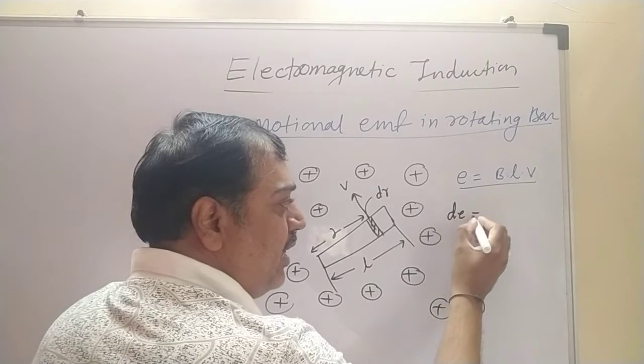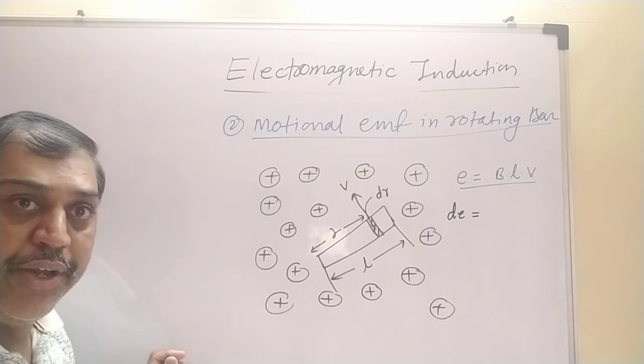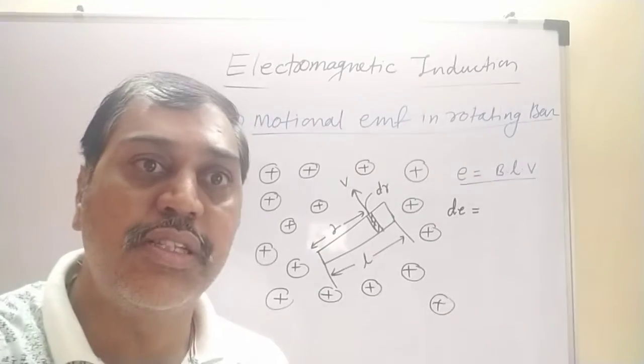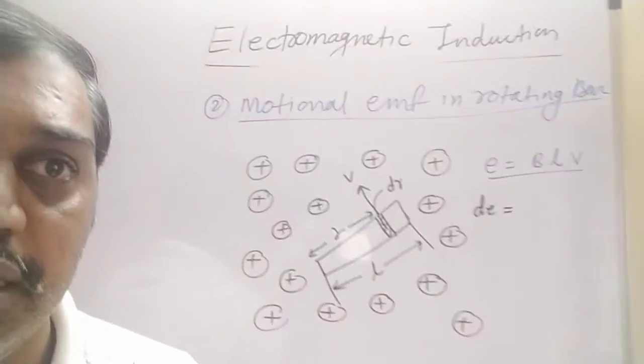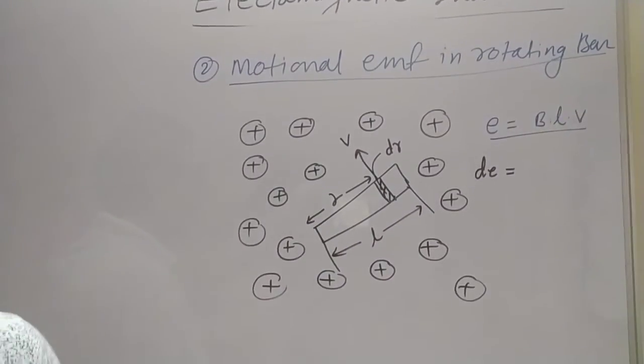So dE is the EMF induced in the small length dr of the coil.